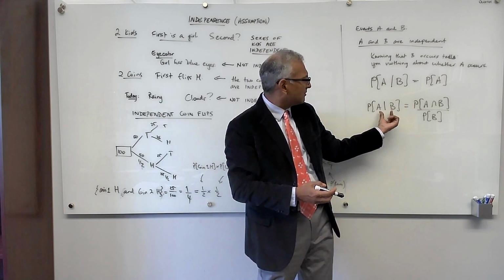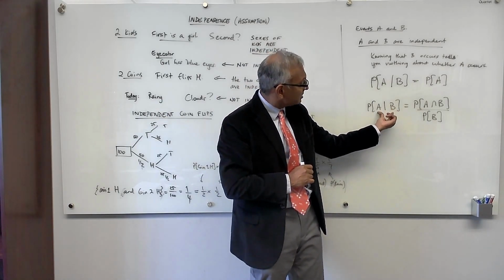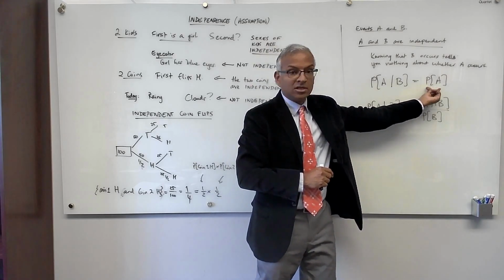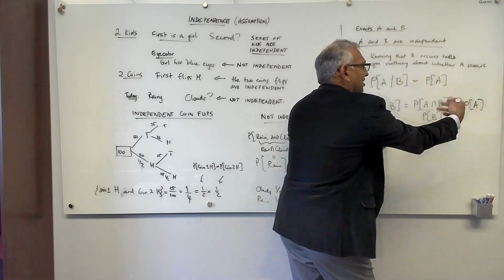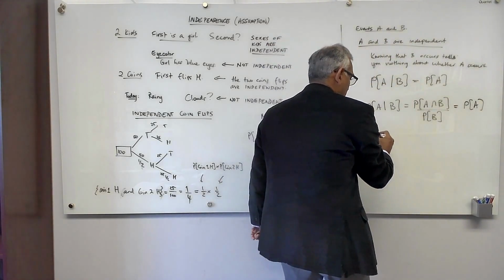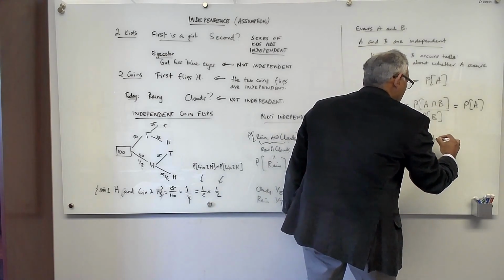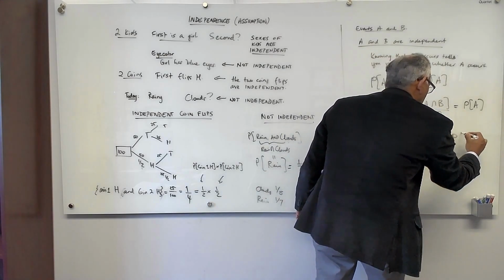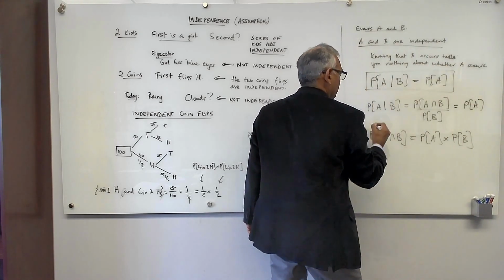But now we're saying that when we have independence, so it's an assumption, it doesn't always hold, this is equal to the probability of A. Now let's just rearrange terms, and you see that we get that the probability of A and B is equal to the probability of A times the probability of B. Okay, so I'm going to box this. And I'm going to box this.